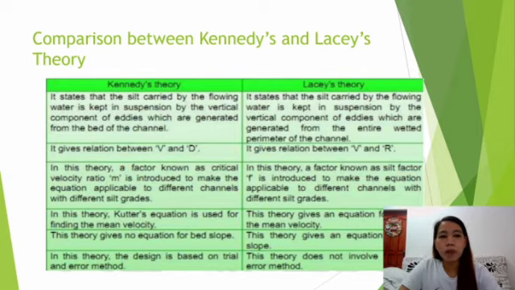For Kennedy's theory, Kutter's equation is used for finding the mean velocity, while Lacey's theory gives its own equation for the mean velocity. Kennedy's theory has no equation for bed slope, while Lacey's has an equation for bed slope. Kennedy's is a trial and error method, while Lacey's doesn't involve any trial and error.